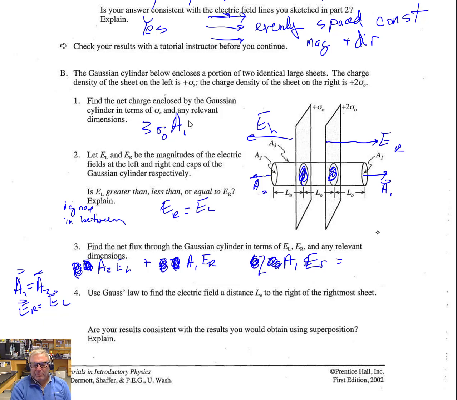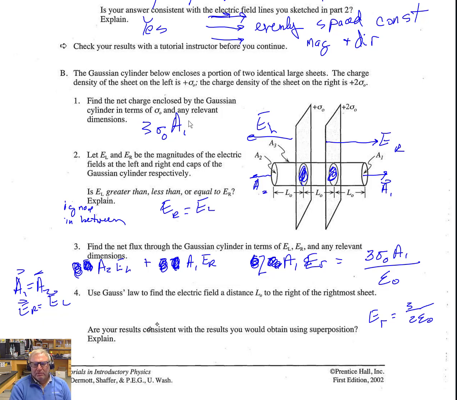Now it equals 3 sigma 0 A1, that's the charge enclosed over epsilon 0. So once again, the A vectors cancel out. So E right equals 3 sigma 0 over 2 epsilon 0. So it's 3 times stronger, which is what we would expect.